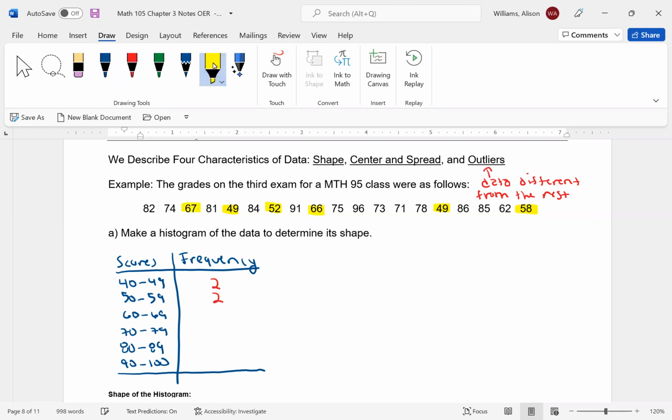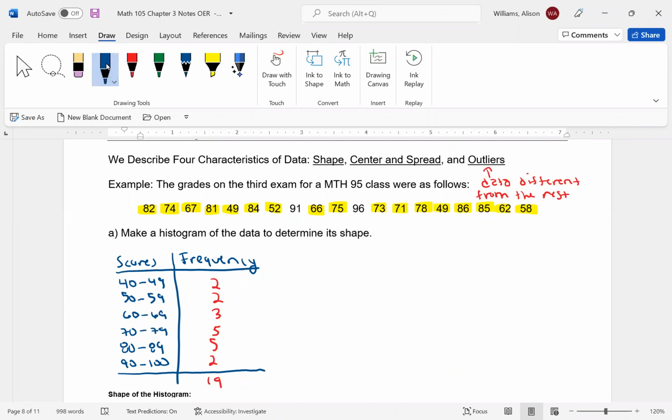So 1, 2, 3. 70s. 1, 2, 3, 4, 5. 80s. 1, 2, 3, 4, 5 again. And then the 90s are the 2 that are left, which is 2. All right. So let me just total this up real quick. Let's see. That's 10. It's 16. I'm getting 19 total. All right.